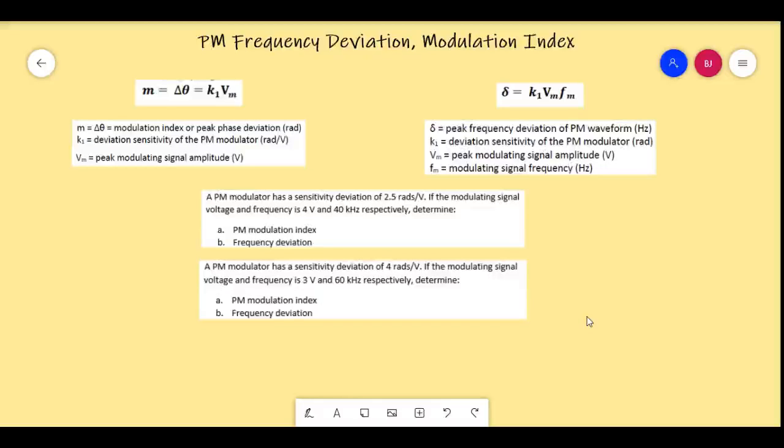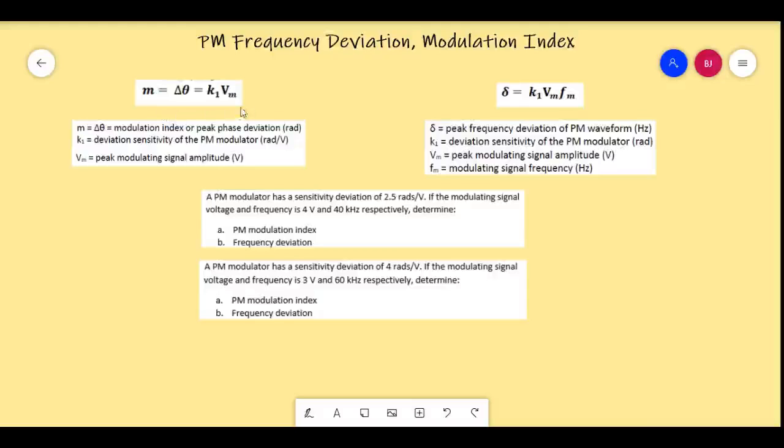So for the modulation index, we just need to multiply the deviation sensitivity of the PM modulator with the peak modulating signal amplitude. In our previous discussion, this is what we do to get the frequency deviation.